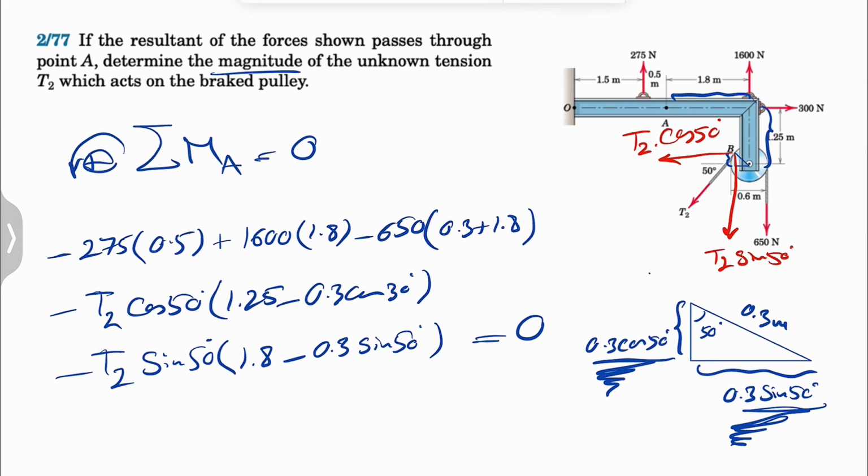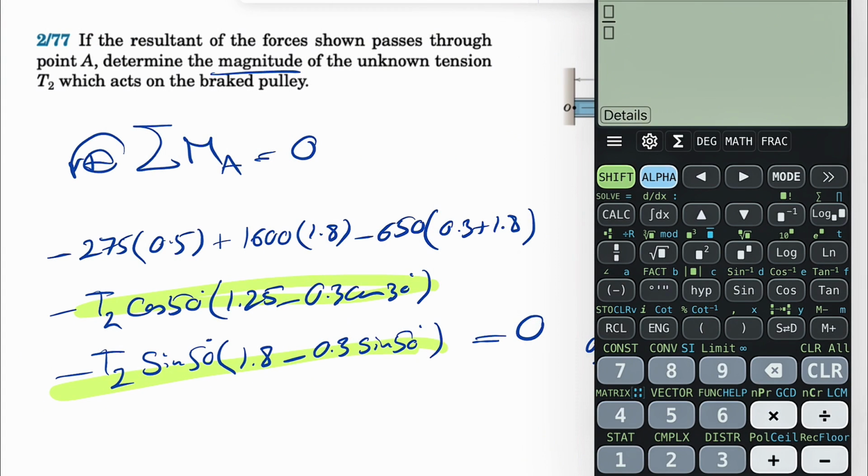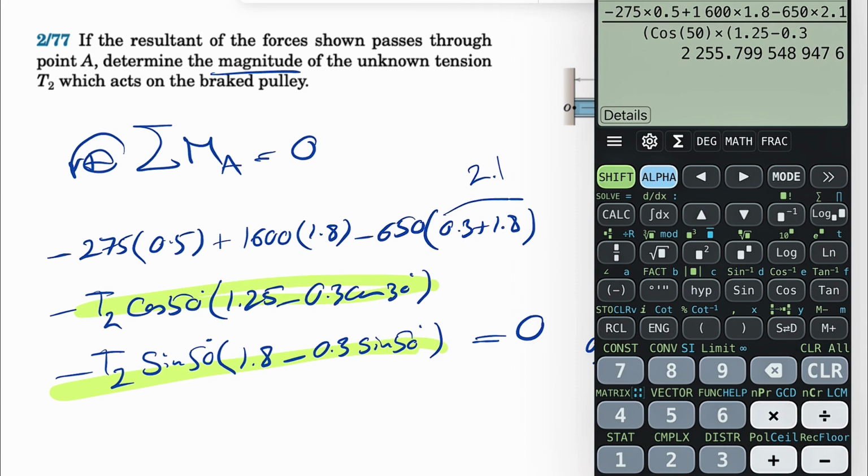These last two parts are a little bit tricky, so we have to watch for this. Let's pull up a calculator and see what we get. This is our ratio. On top we have negative 275 times 0.5 plus 1600 times 1.8, negative 650 times 2.1. In the numerator we can factor T2, so we have cosine of 50 times 1.25 minus 0.3 cosine of 50.